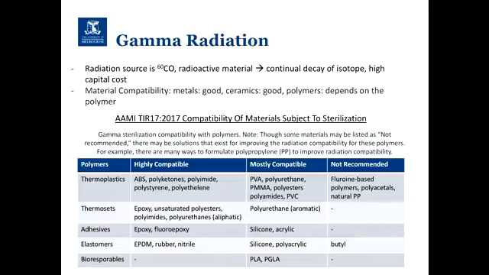A bit more information about the gamma radiation. The source of the gamma radiation comes from cobalt-60. Cobalt usually has a mass number of 59, so this is a radioactive isotope. It's the continuous decay of this isotope that produces the gamma rays.